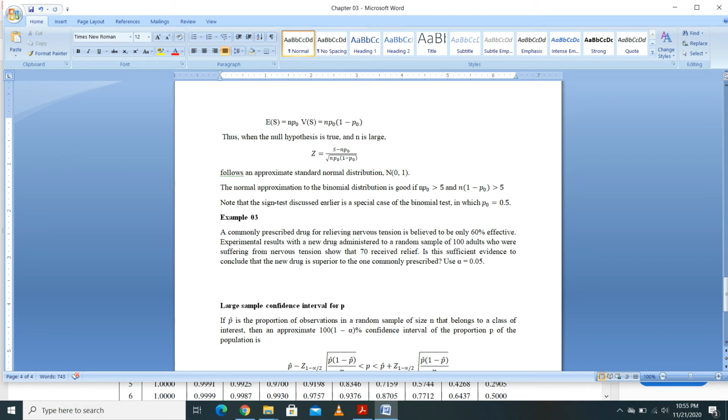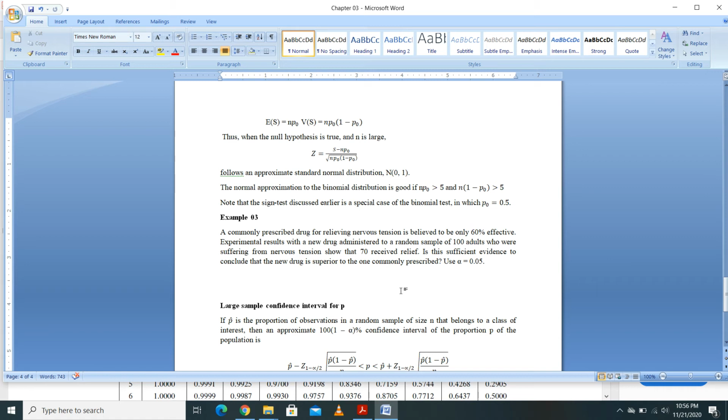So from the prescribed drug, only 60% is effective, right? And then they are going to introduce a new drug after doing some experiment. So if the new drug is superior to the previous one, from the previous one 60% is effective, so the effective percentage should be higher for the new drug, right?